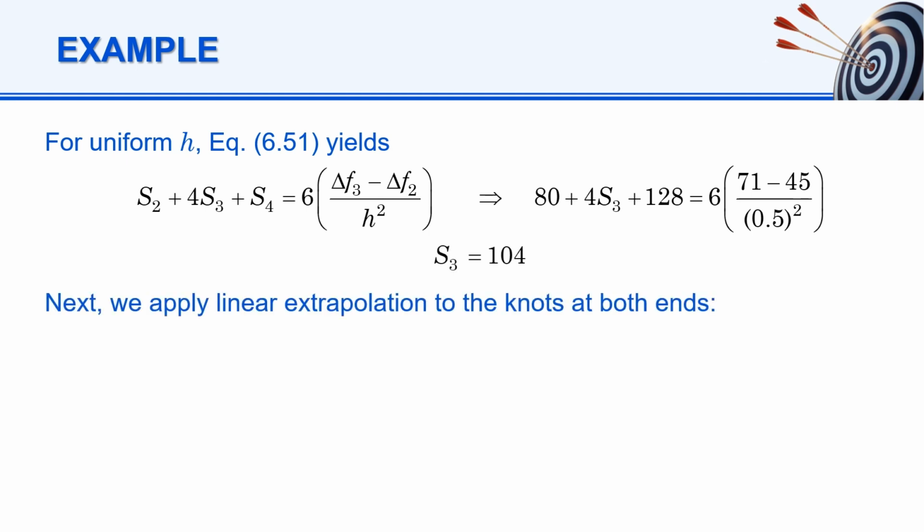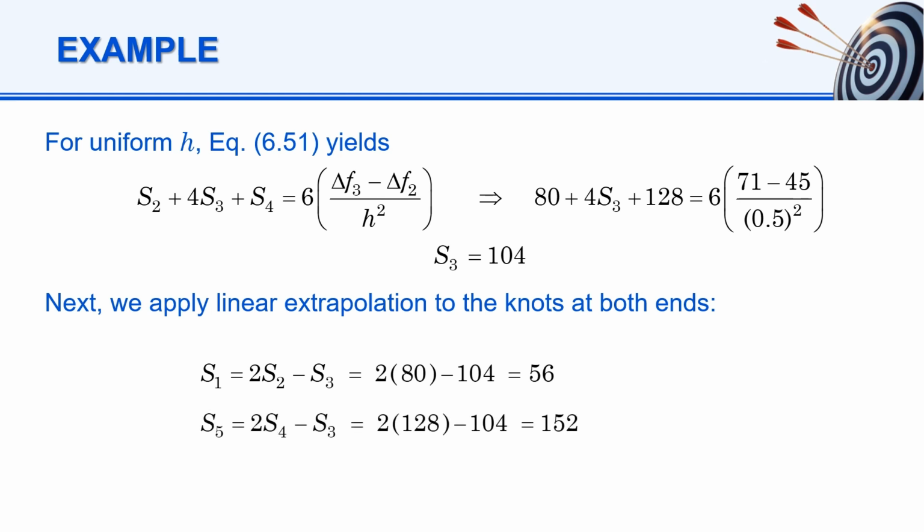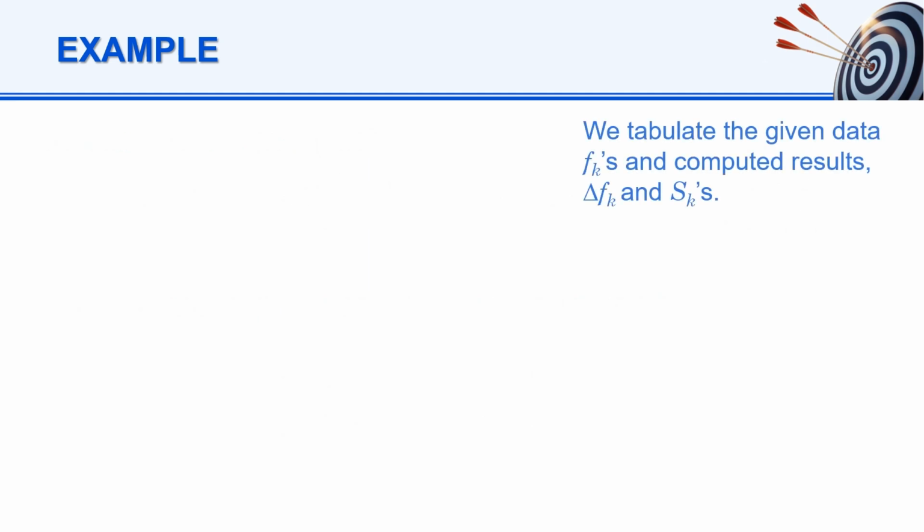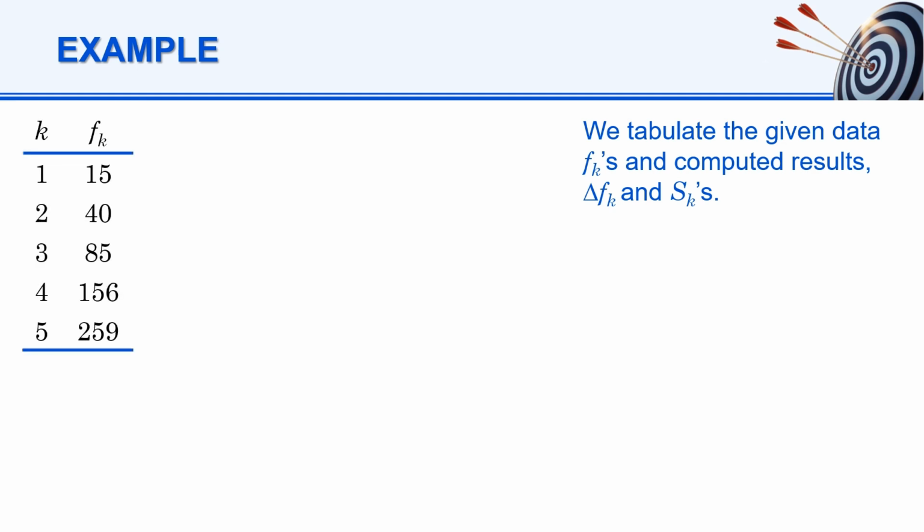Next, we apply linear extrapolation to the knots at both ends, which yields. We tabulate the given fk's and computed results, delta fk and sk's.